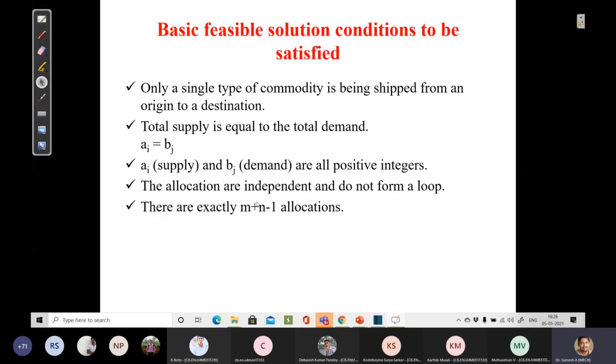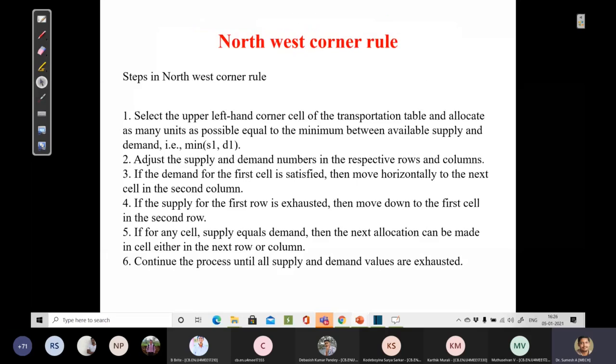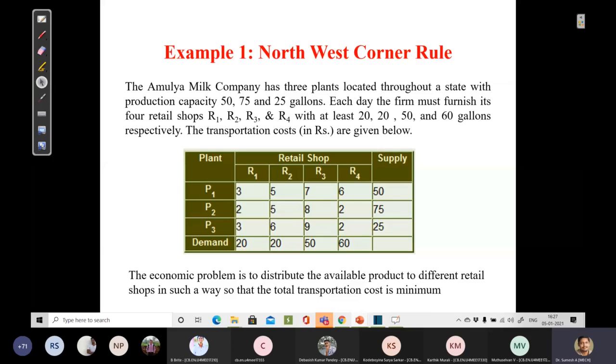Okay, so I think we have already discussed the method. Now just read the problem and get me the solution by applying the northwest corner rule. Where will the first allocation be given using the northwest corner rule? P1 R1.